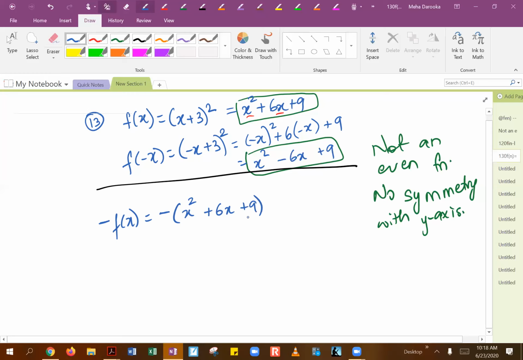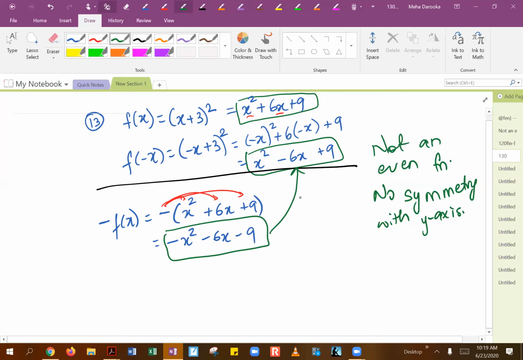If we put a negative in front of this and distribute that negative sign, we will end up getting negative x squared minus 6x minus 9. And again, this is not the same as the original either. So, like Evelyn said, we don't have an odd function either, which means no symmetry with the origin.